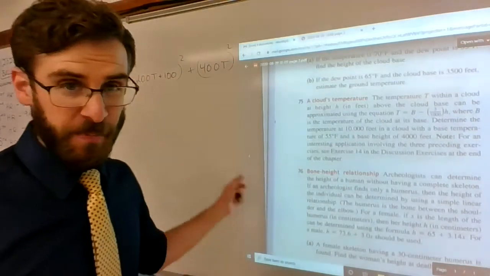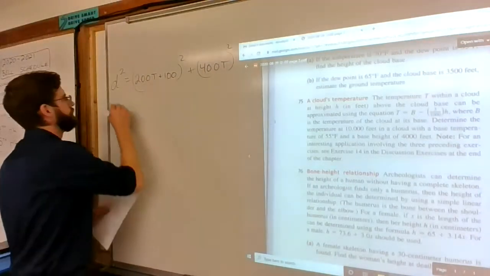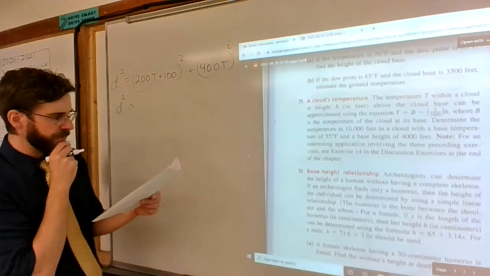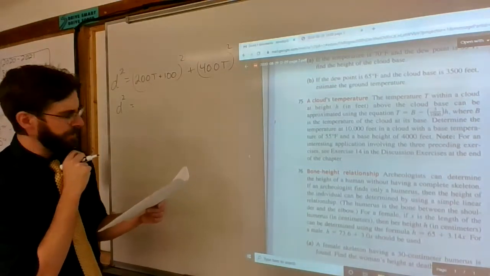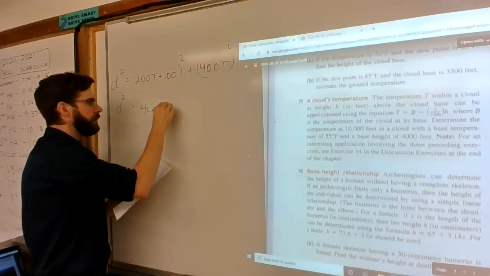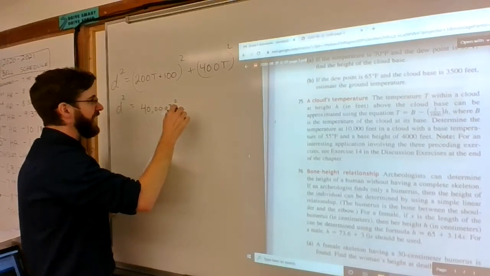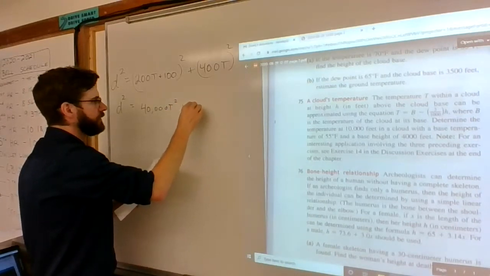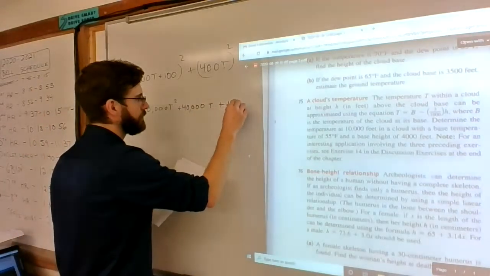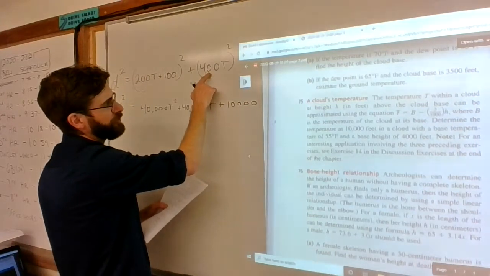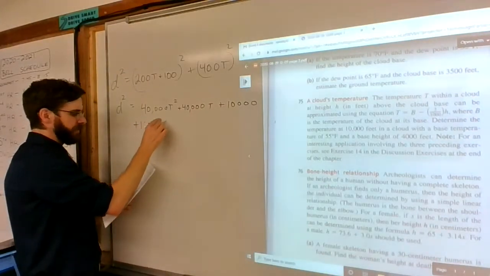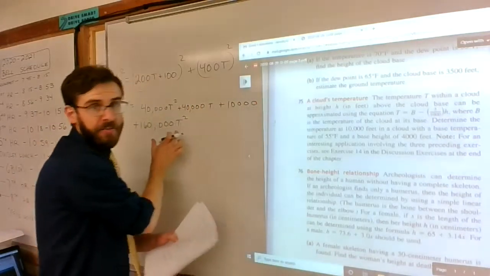At this point, you're going to have to expand the right-hand side. So this becomes a lot of large numbers. This is 40,000 t squared plus 40,000 t plus 10,000. This is actually 400 squared, t squared. That ends up being 160,000 t squared. I just moved it from over here to down there.